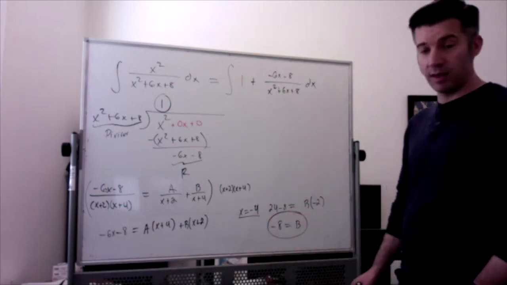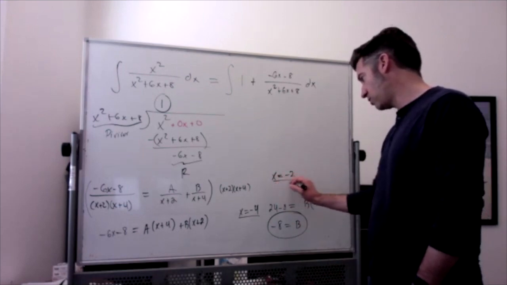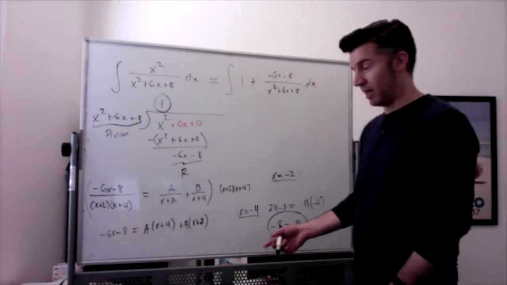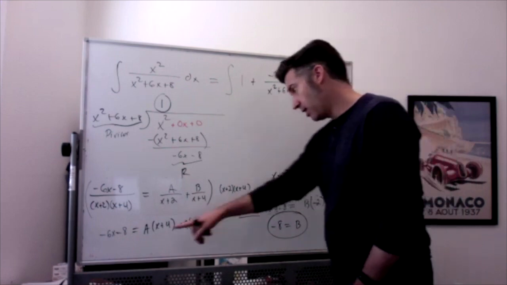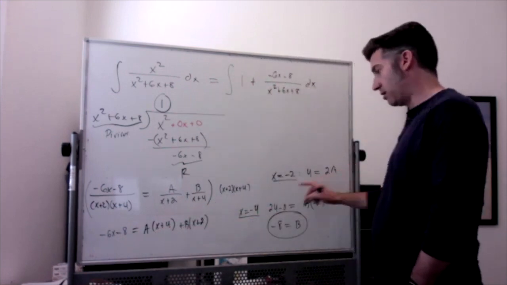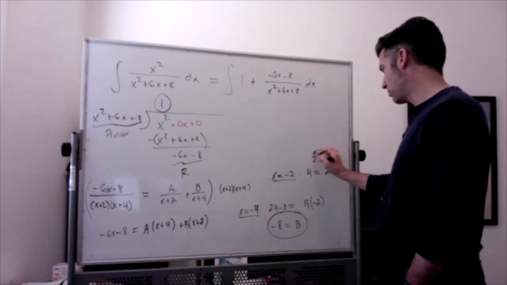And then we do the same thing, except we plug in x equal to -2. We get -6 times -2 is 12, minus 8 is 4 on the left. On the right, we get a times -2 plus 4, which is a times 2, and b times 0. So we get a equal to 2.